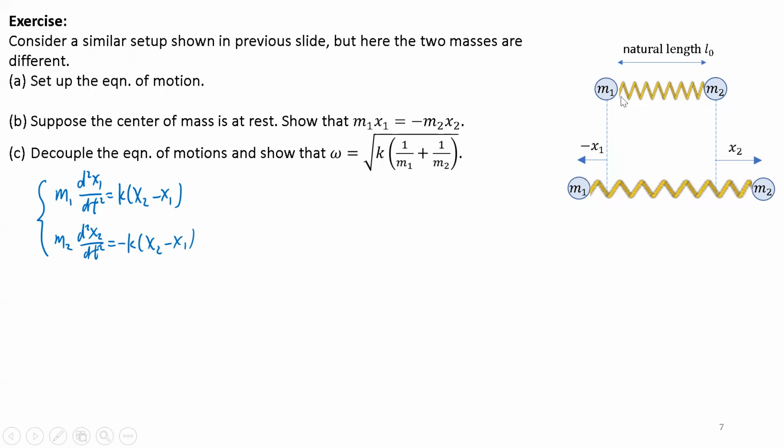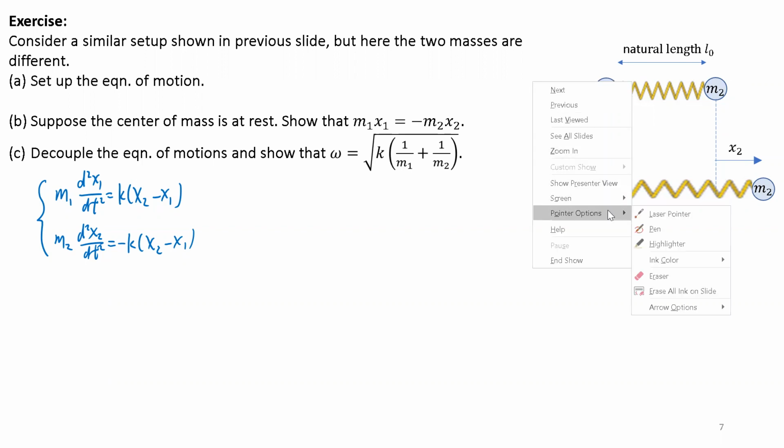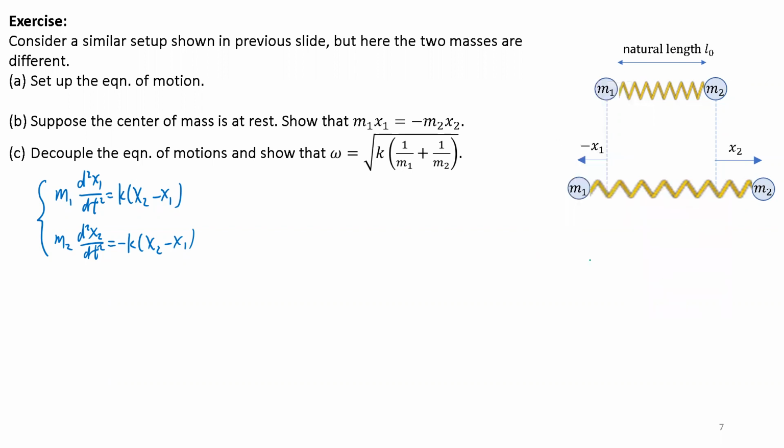Now if the center of mass of the system is at rest, that means the displacements of the two particles have to satisfy a certain relation. So let's say before it is stretched, the center of mass is somewhere over here.